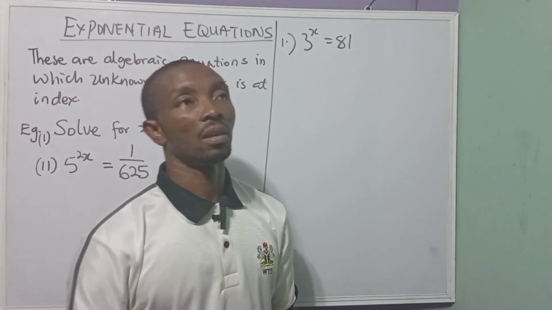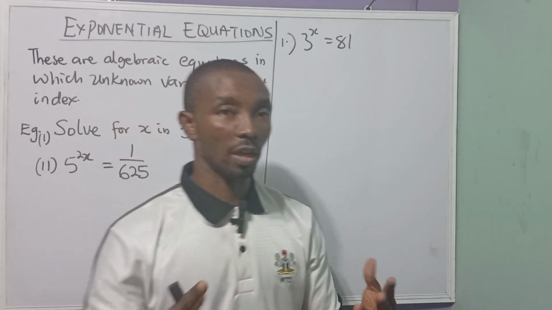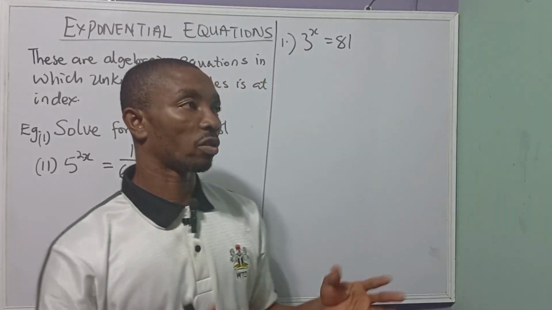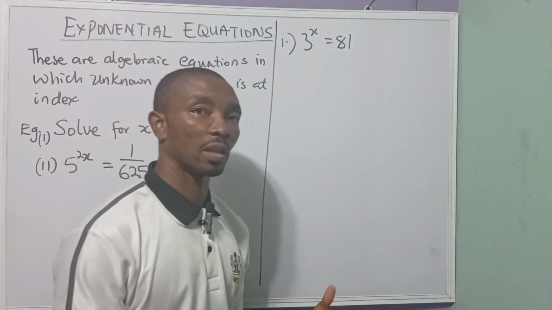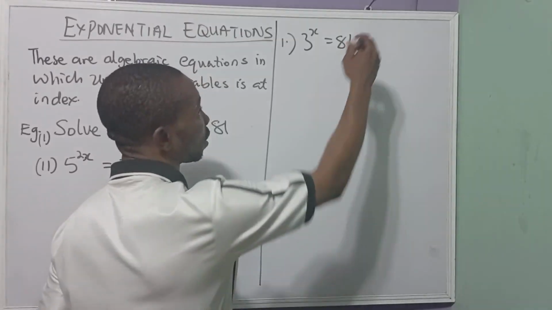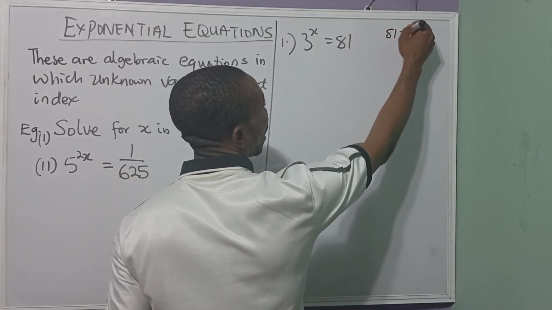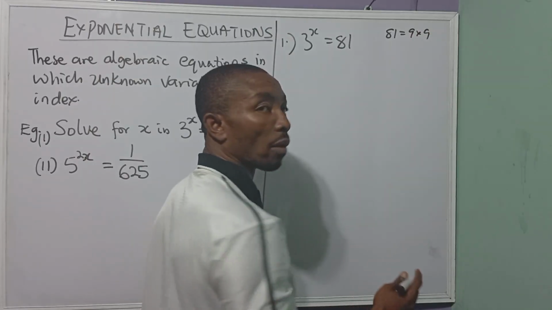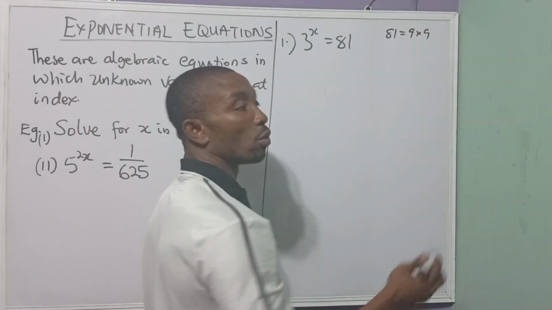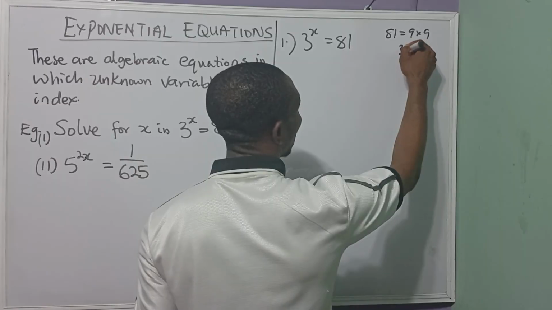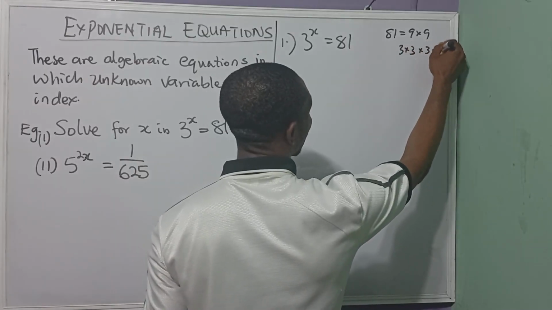We know that 9 times 9 gives us 81, and 3 times 3 gives us 9. So if our first break for 81 is 9 times 9, the second break would be 3 times 3 times 3 times 3.